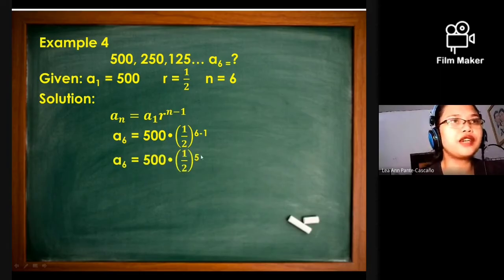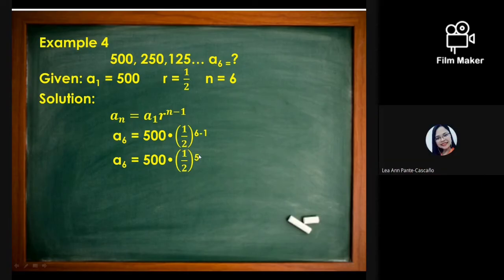Copy 1 half raised to 5. 1 raised to 5 is 1. 2 raised to 5. So 2 times 2 is 4. Times 2 is 8. Times 2 is 16. Times 2 is 32. Therefore, 2 raised to 5 is 32. So you have now 500. 1 raised to 5 is 1. 2 raised to 5 is 32. So you have now 1 over 32.